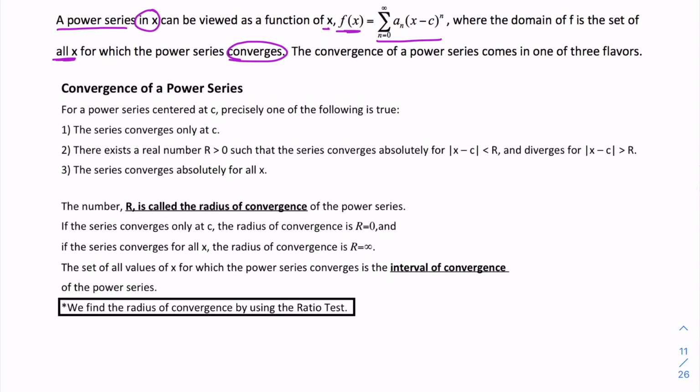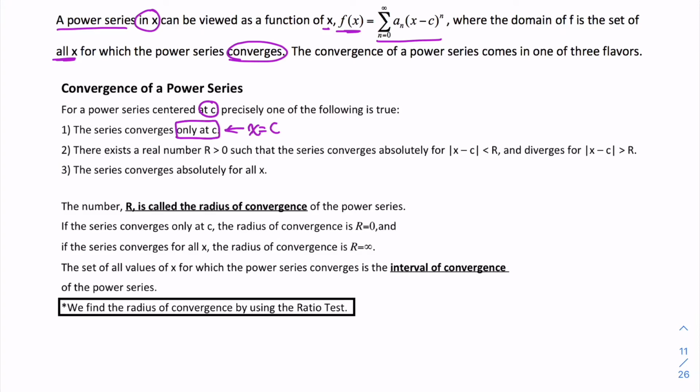For a power series centered at c, precisely one of the following has to be true. The series will converge only at center c. That means only x equals c, the series converges.